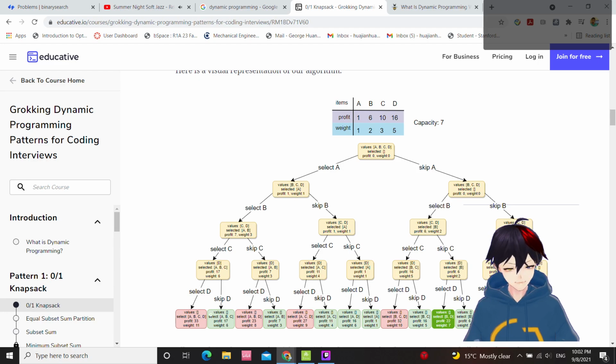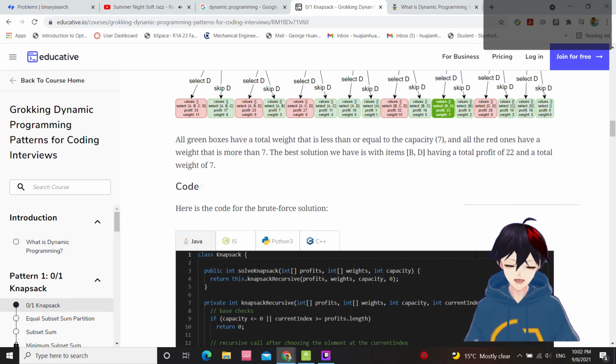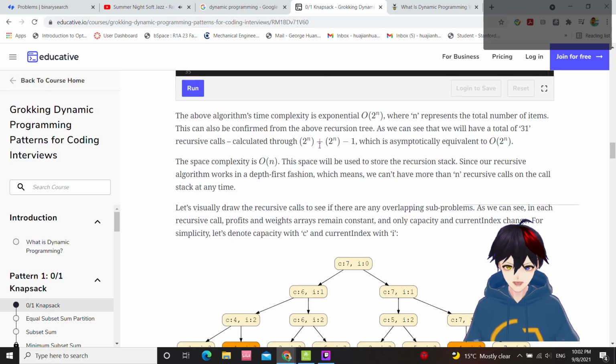This would be greedy. Space complexity is O(n).